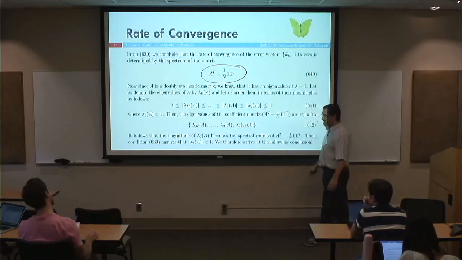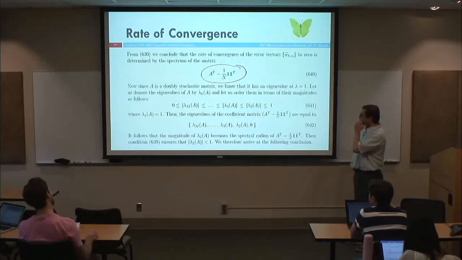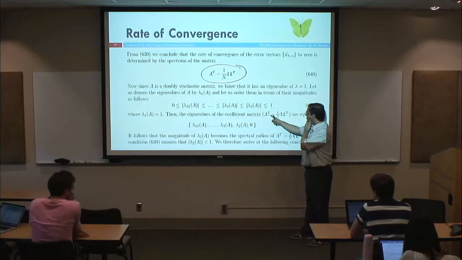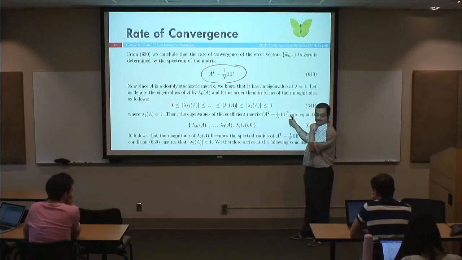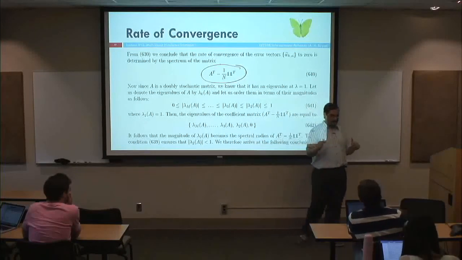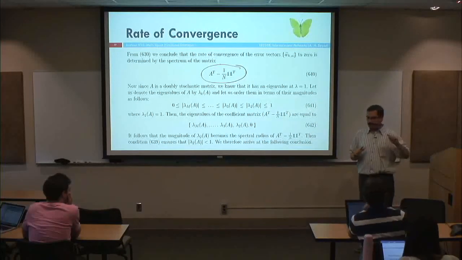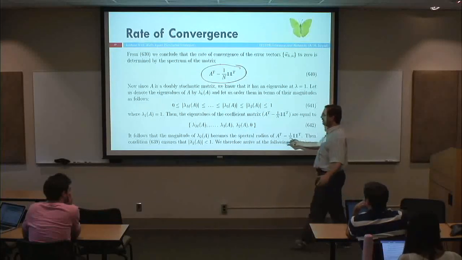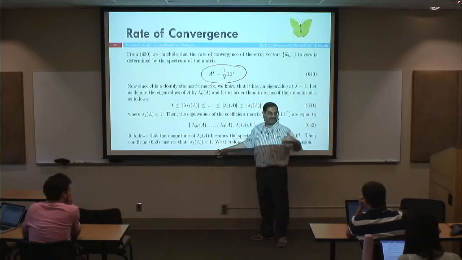Understood? So now, the requirement that the spectral radius of this is less than 1 is given by the magnitude of lambda 2. So what we are saying is that we would like the magnitude of the second largest eigenvalue to be less than 1. Right? So this is the same.